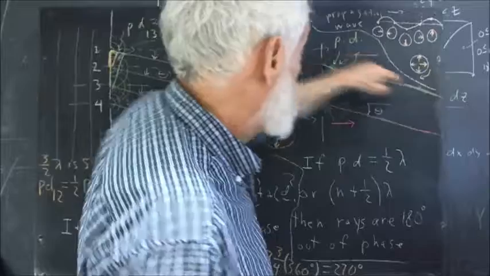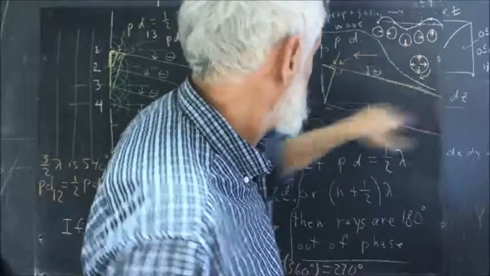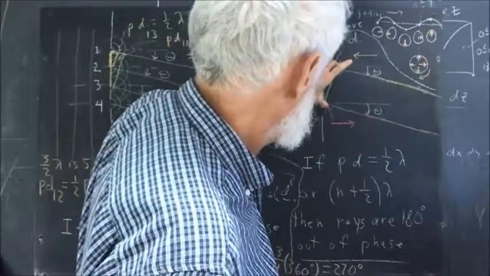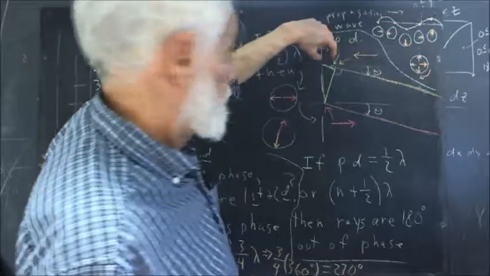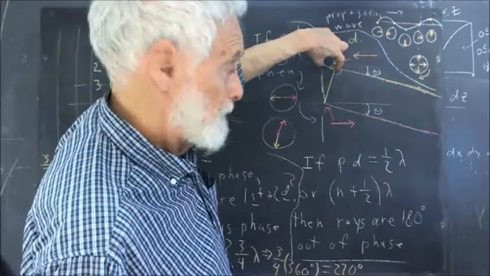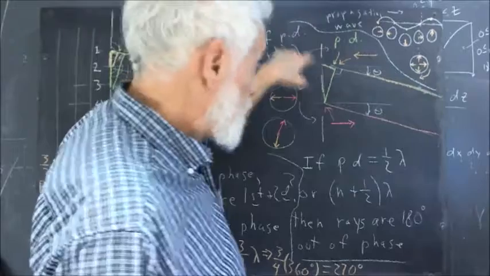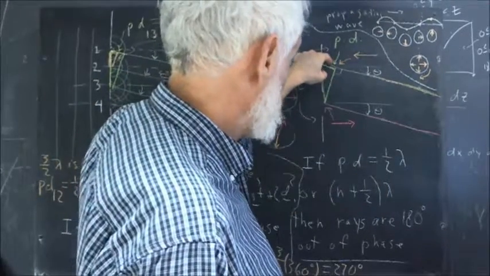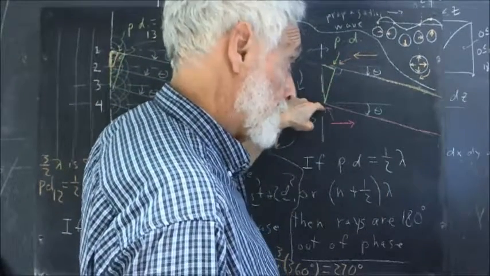From this point on, this path has the same length as this path from here to here. The only difference is the path difference here, and if that path difference is half a wavelength, then this one is half a wavelength out of phase with this one, which is 180 degrees out of phase.